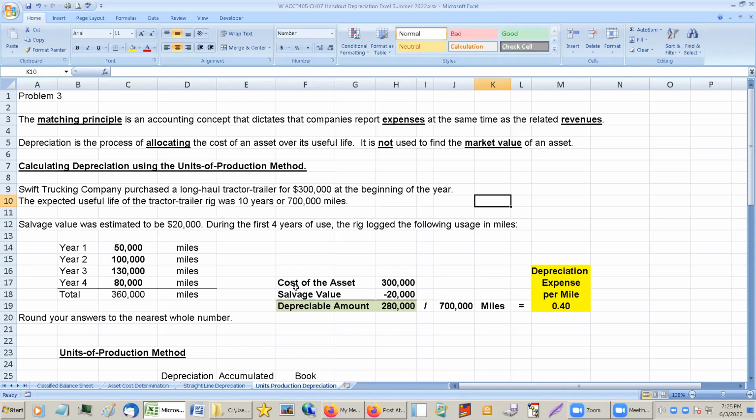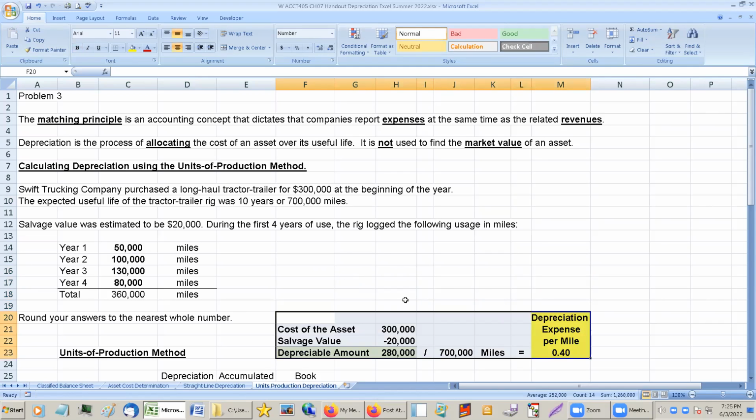Okay, I'm going to move this thing. I apologize for putting this in a bad spot. Move it down here. Okay, so it's 40 cents per mile.